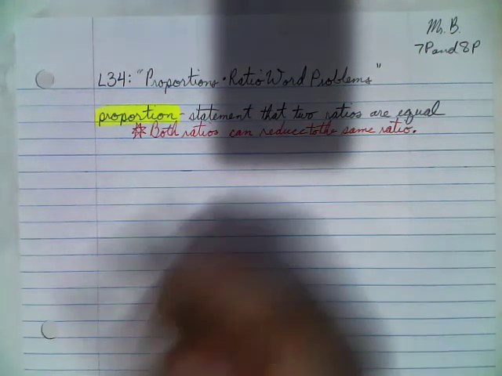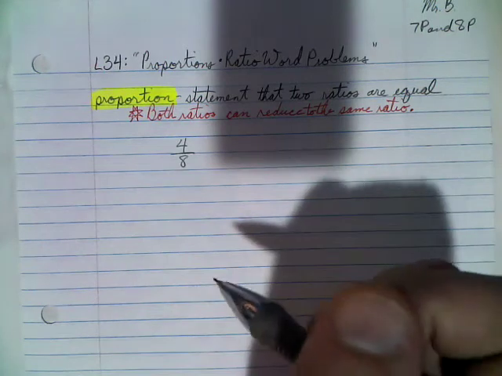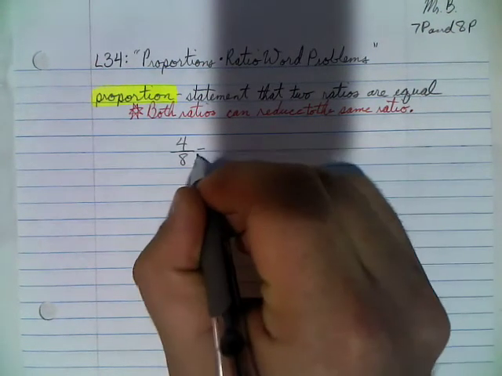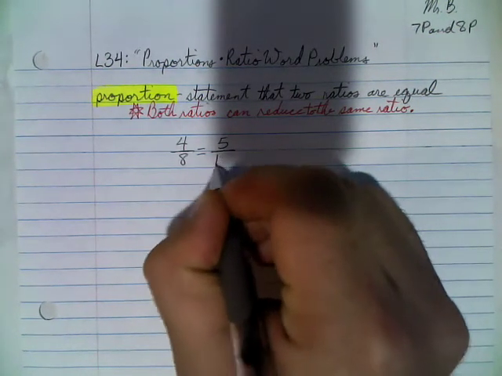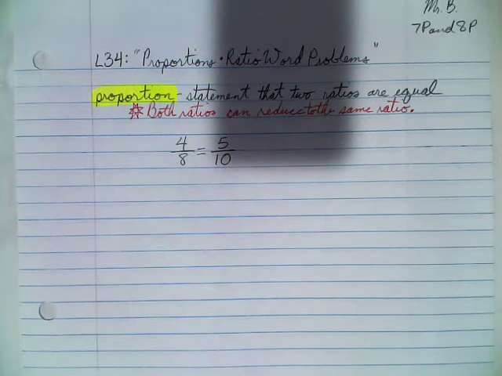So for example, 4 to 8, or 4/8, equal to 5/10, that would be a proportion, because both 4/8 and 5/10 reduce to 1/2. Now later on we'll learn other ways that we can tell that these are proportions, but this is just where we're going to start for now.